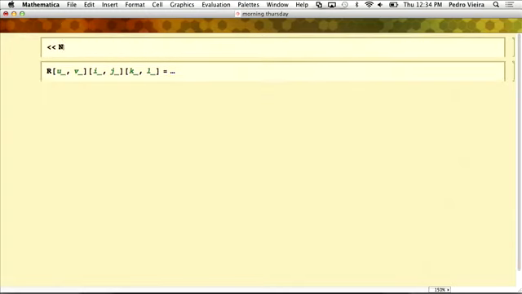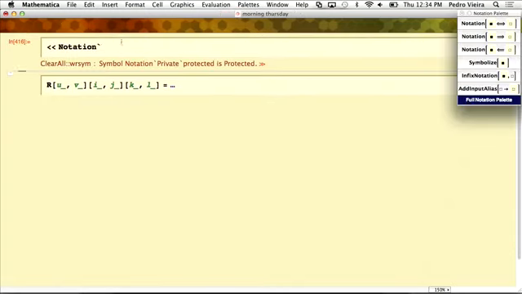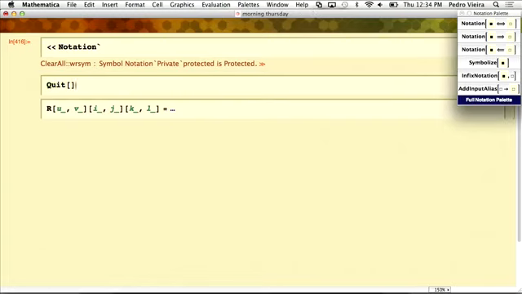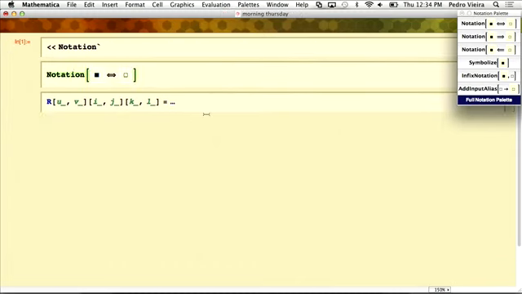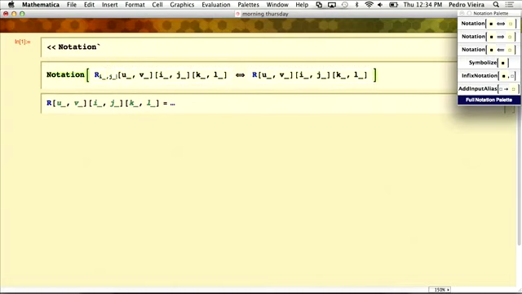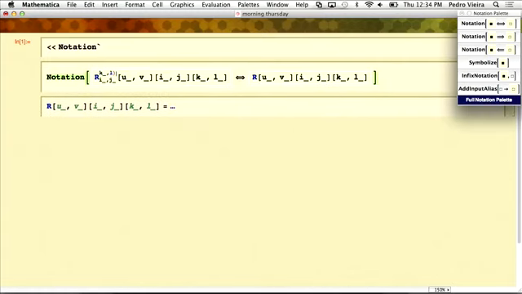So something quite convenient that I encourage people to do is, in the beginning, to load some notation. Let me quit my kernel. So I load some notation. Then I click here, and I say that instead of using this clumsy notation, let this be equivalent to putting some index i, j down and some index k, l up.